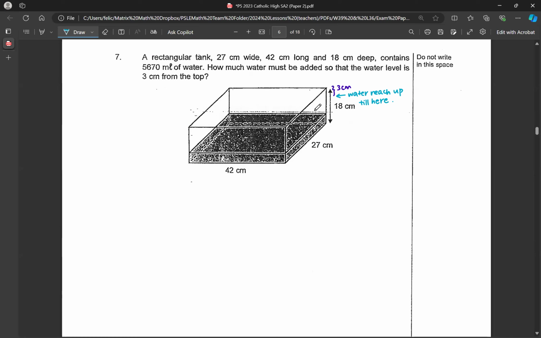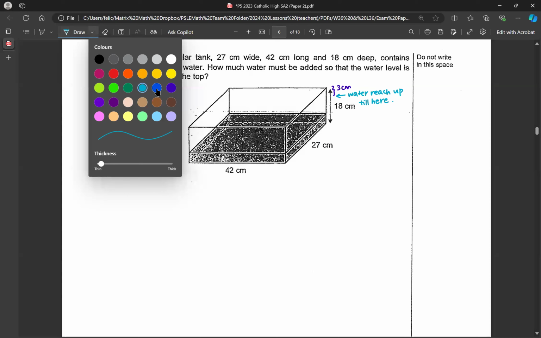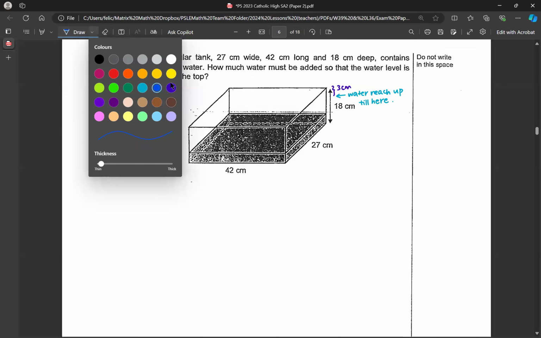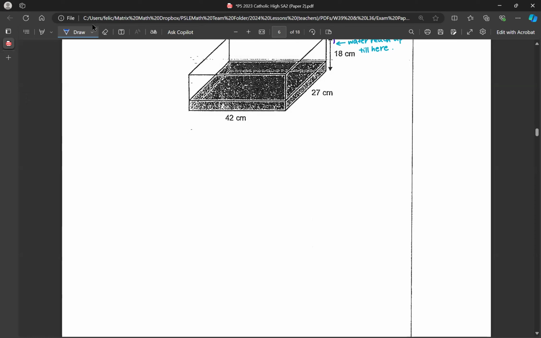All right. Now that means I would be interested in finding out the final volume of water that is needed. And to do that, let's work out the height of water first. So I need to write this down, final water level or water height.